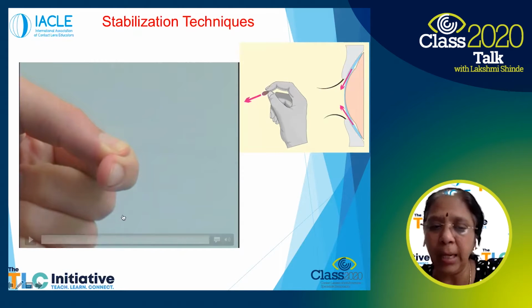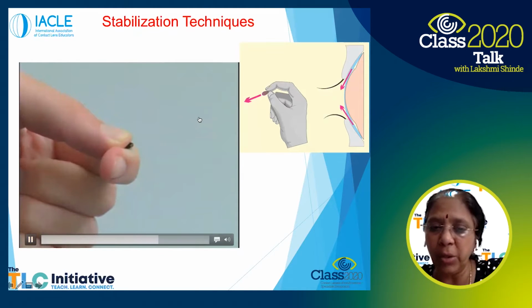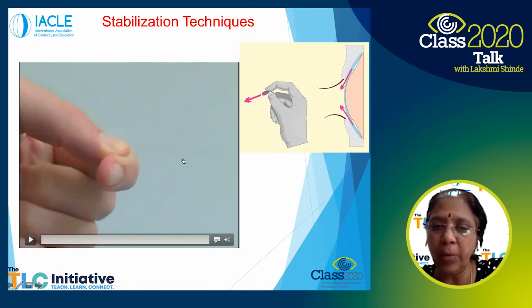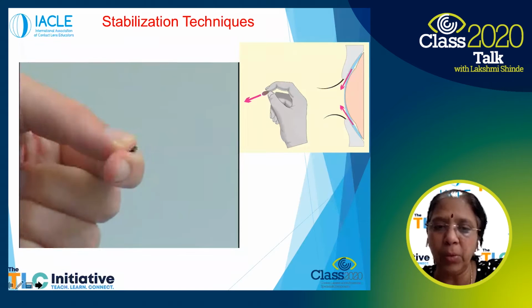So in any direction that you keep the watermelon seed, it always comes out with the thicker portion first. That's the same principle with which soft toric contact lenses are fitted. The fingers are the lids, and always the thicker portion of the contact lens comes out first rather than the thinner portion.